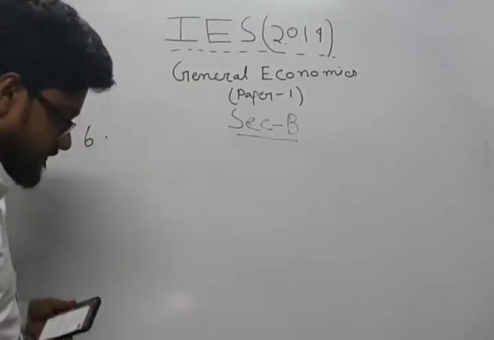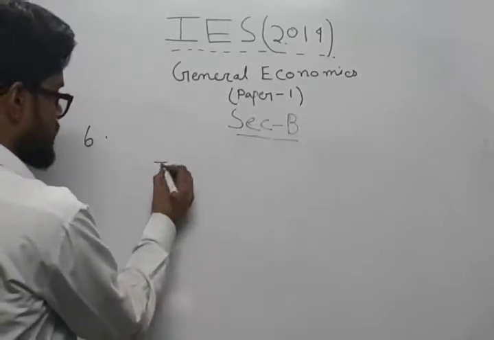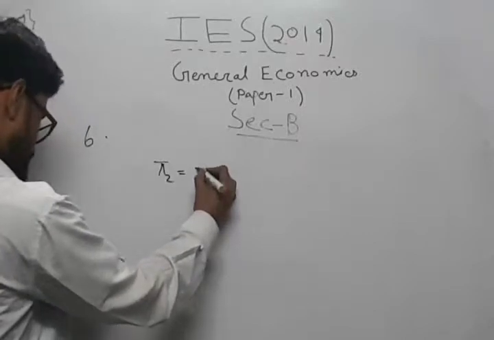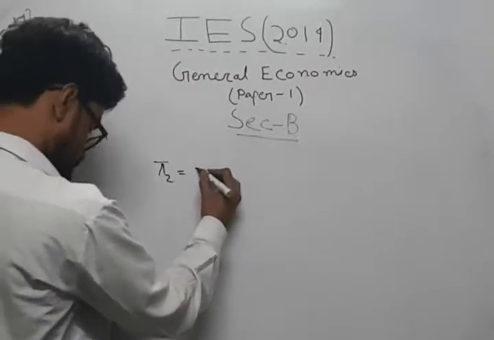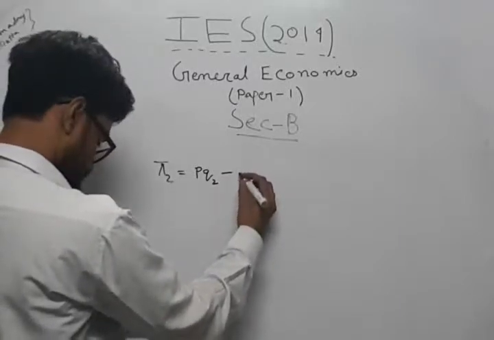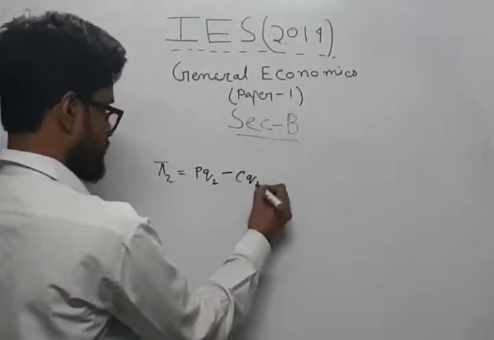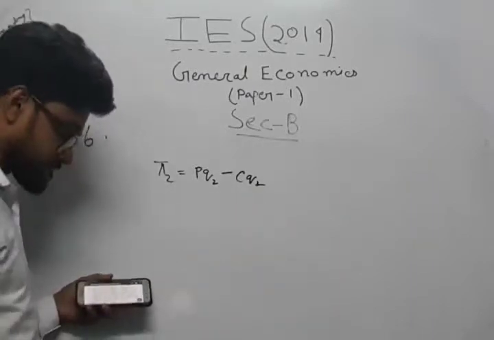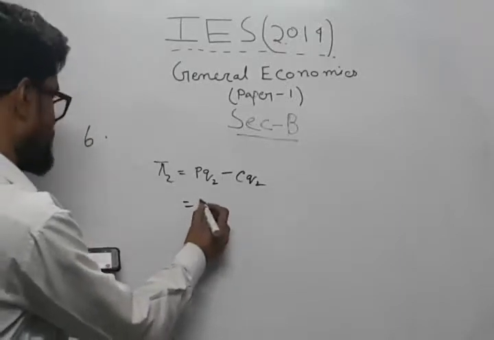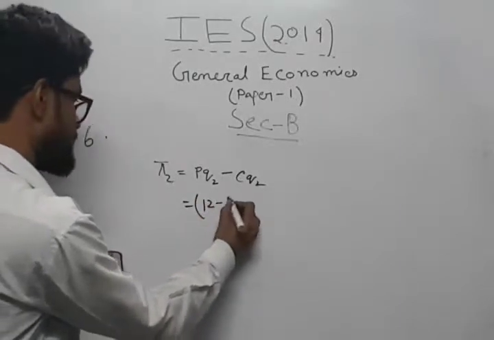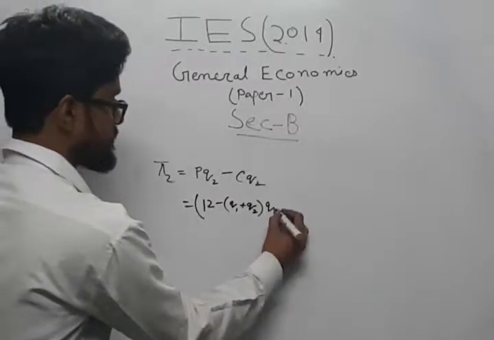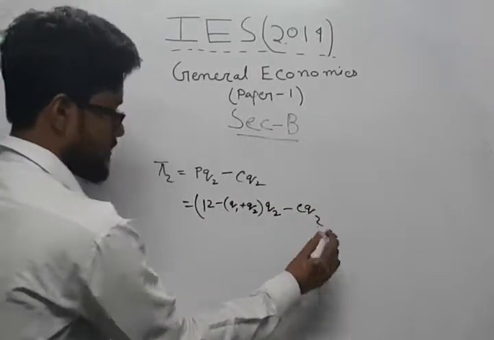First we'll write down the profit function of firm 2, which will be PQ2 minus CQ2. You know this is the demand function. Here first we'll write down the price, which is given by 12 minus (Q1 plus Q2), times Q2, minus CQ2.